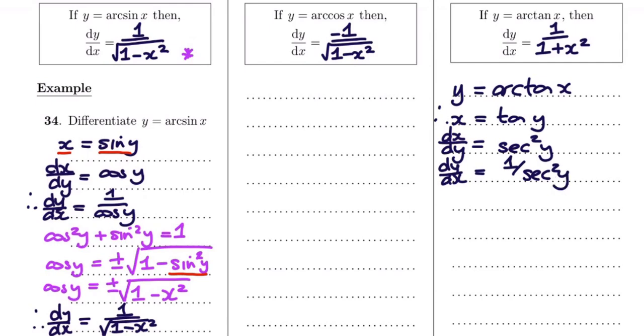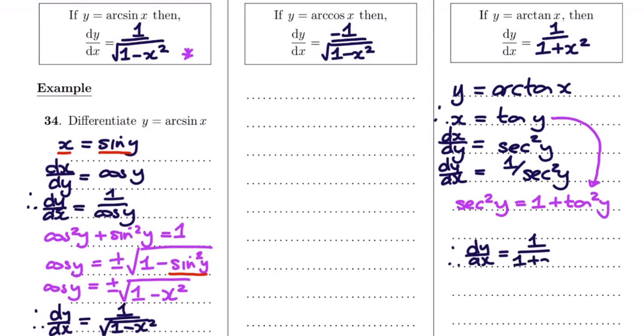Now, if you remember, and again I'm going to write my trig identity in a different colour, sec squared y equals 1 plus tan squared y. If x equals tan y, then x squared is tan squared y. So therefore dy/dx equals 1 over 1 plus x squared.